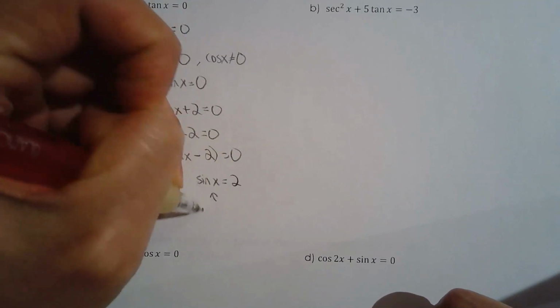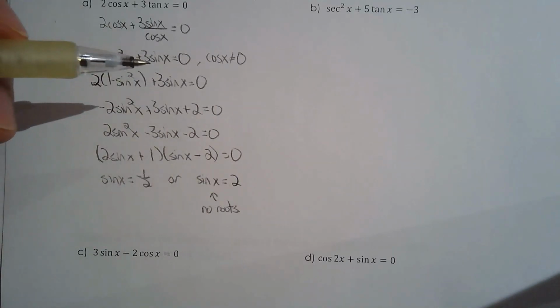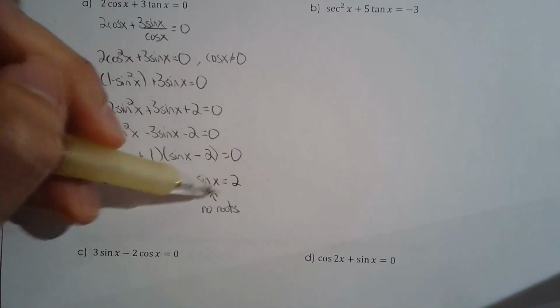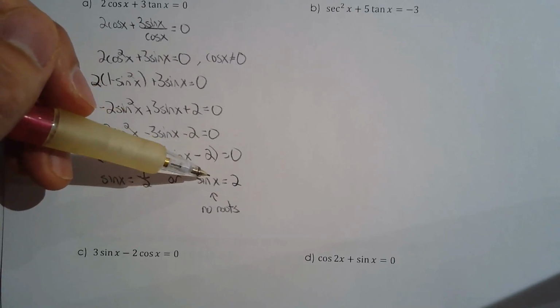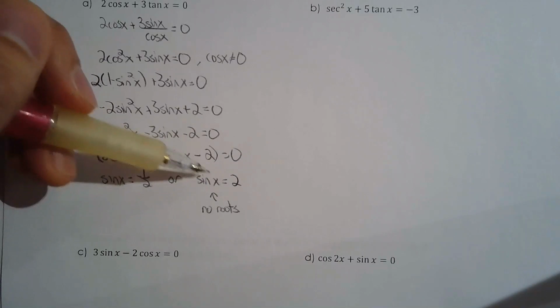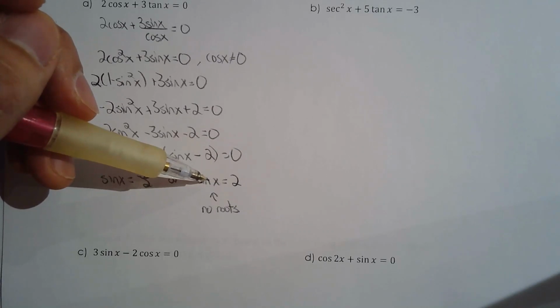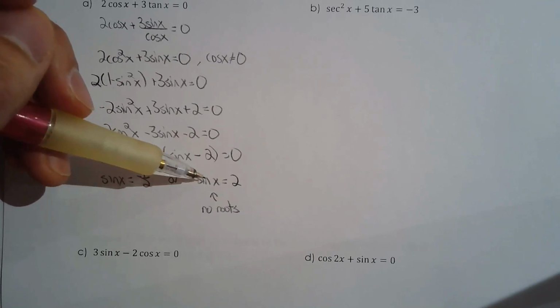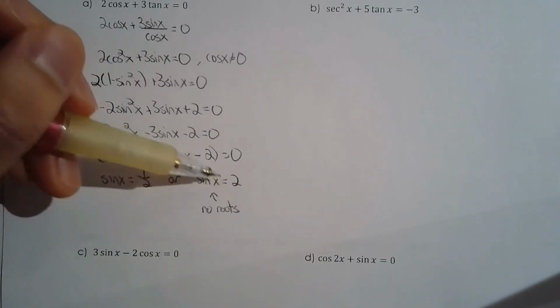So no roots, which means I can't get any solutions from sine x equals 2. Why not? For a multitude of reasons. What you learned in grade 10 tells you I can't get any roots from sine x equals 2. Because sine is defined as a ratio of the opposite side to the hypotenuse, there's no way you're getting 2. You're telling me the opposite side is twice as long as the hypotenuse?